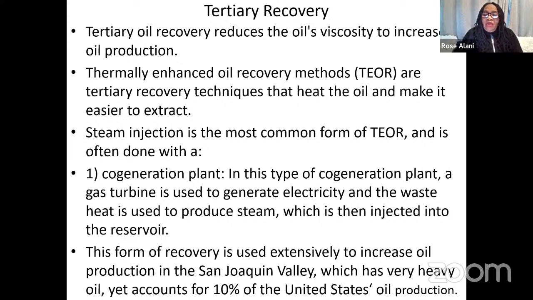In the US, in San Joaquin Valley, 10% of oil from the US is being recovered using this method, the cogeneration plant.